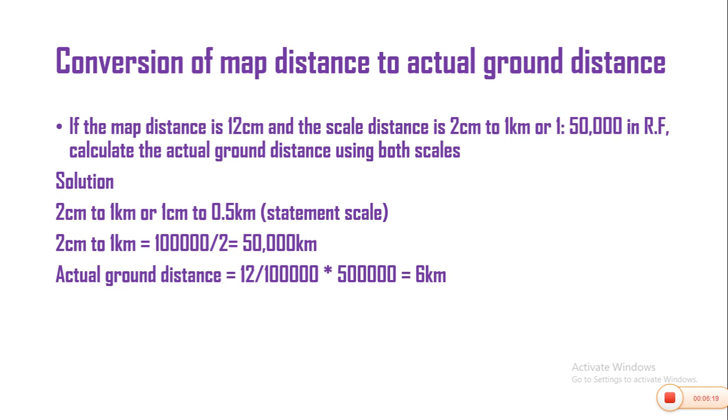Or you can also say 2 cm to 1 km is equal to 100,000, that's 1 km in cm, over 2, which will give us 50,000. Now the actual distance is equal to 12 cm, which is the map distance, over 100,000 times 50,000, and that will give us 6 km.